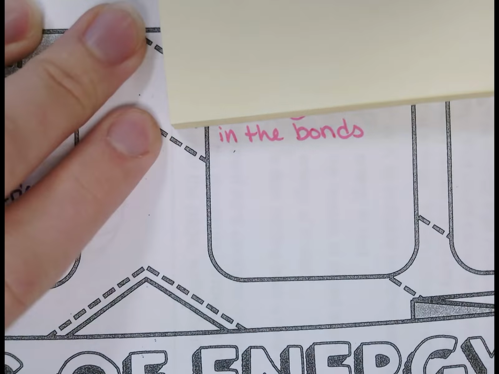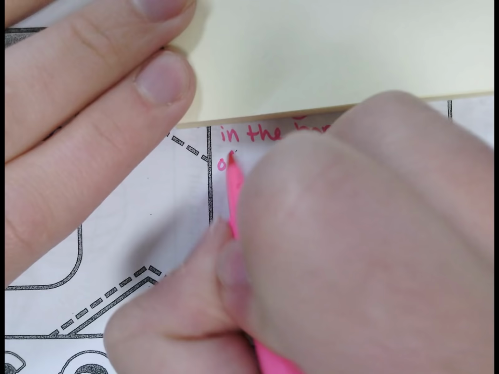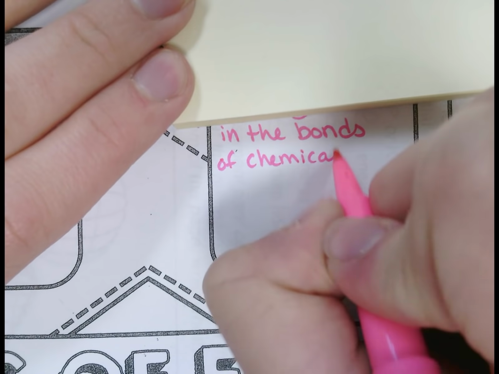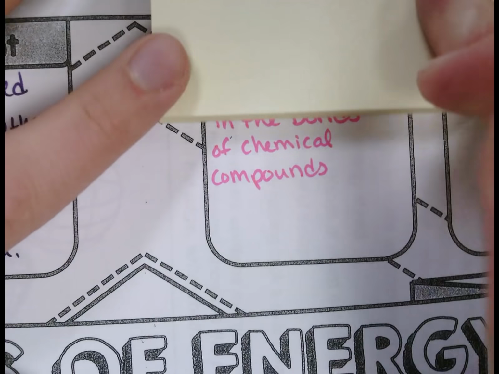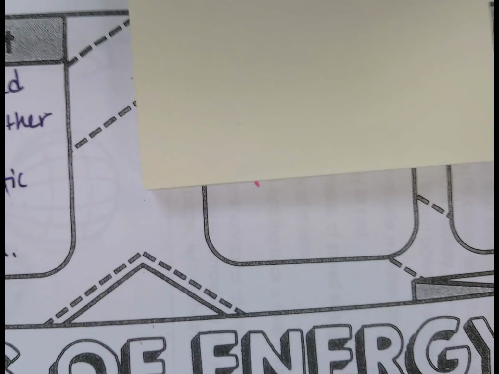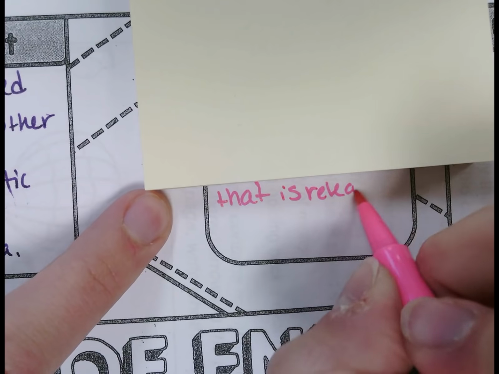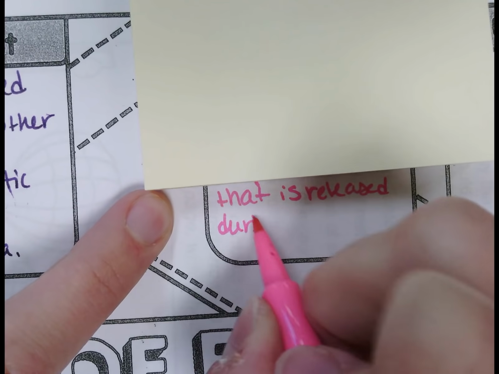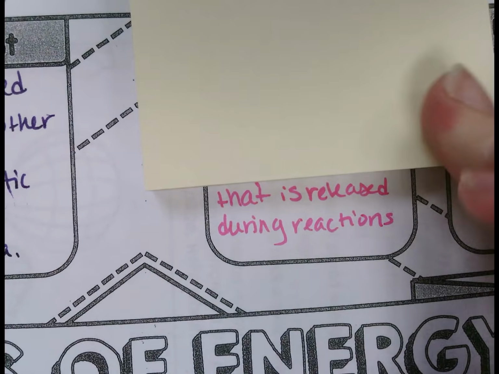What's going to hold different substances, the different elements together, is going to be in the bonds of chemical compounds, and that energy is released during reactions. So digestion is a chemical reaction. A good example of that would be digestion. Throwback to the digestive system.